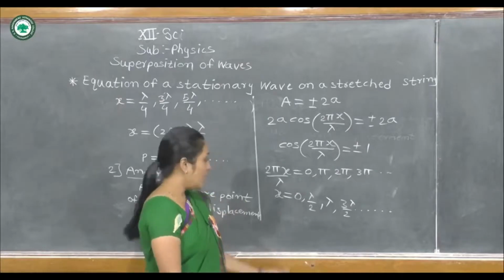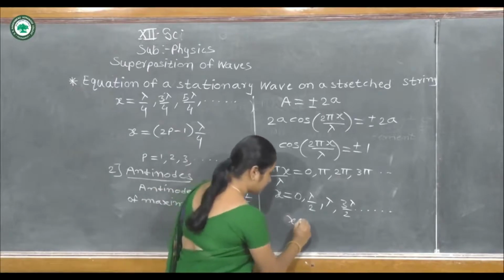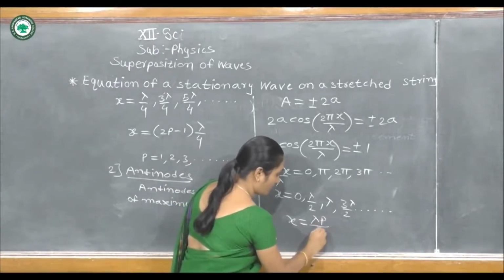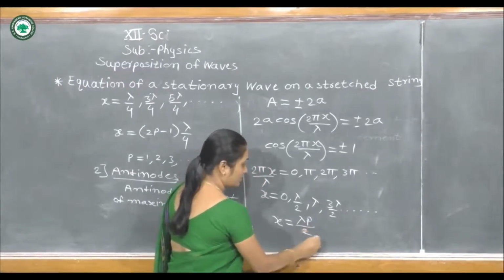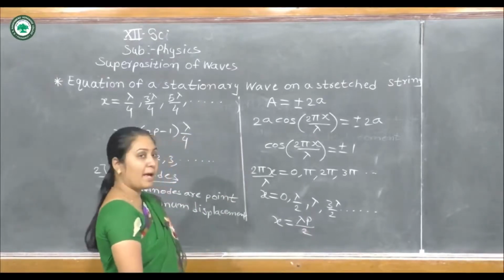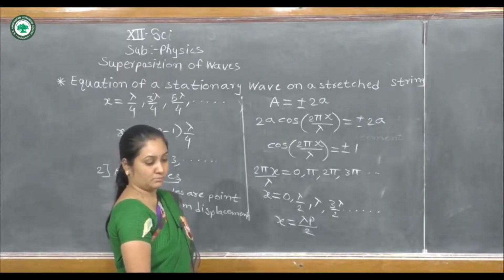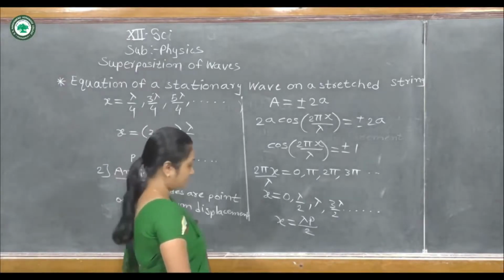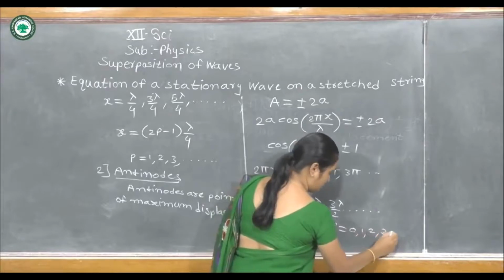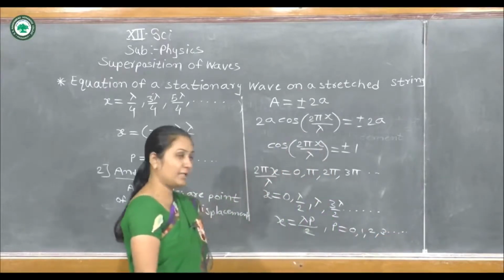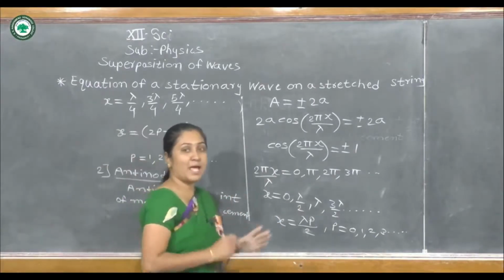So in general we can write the equation for antinodes is x equal to lambda p upon 2, where p equal to 0, 1, 2, 3 and so on. So these are the general equations in case of nodes and antinodes.